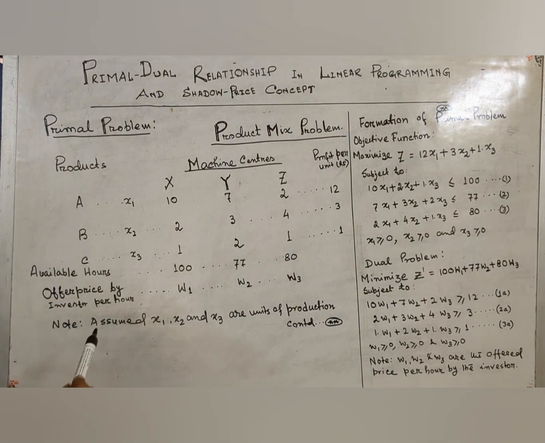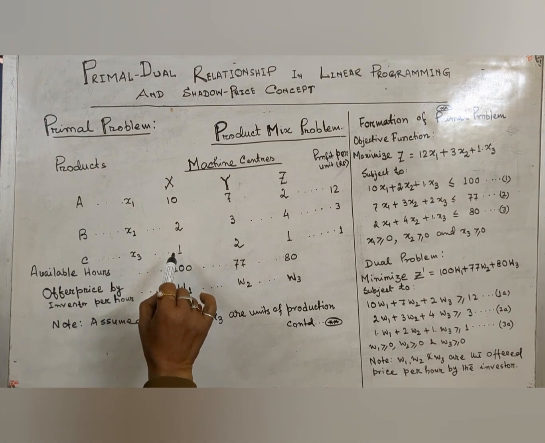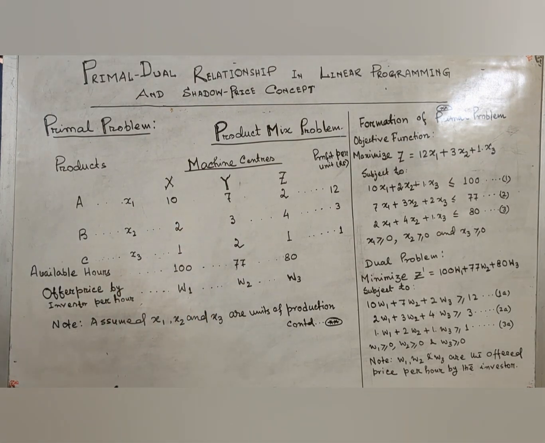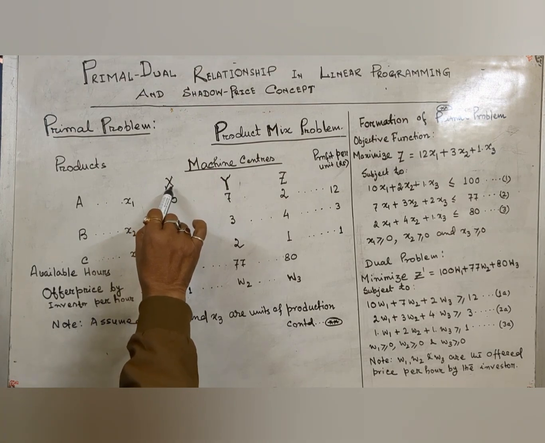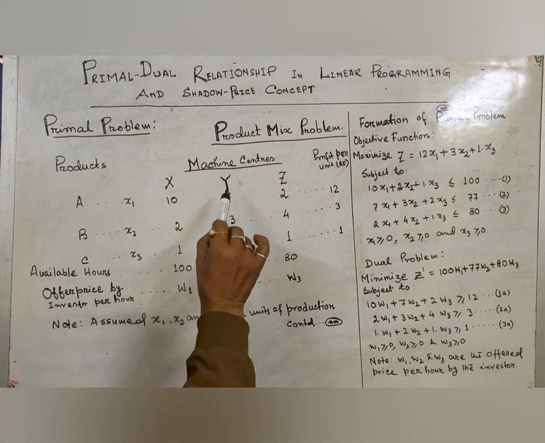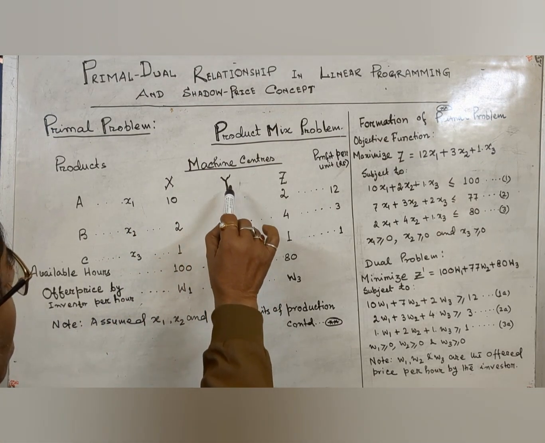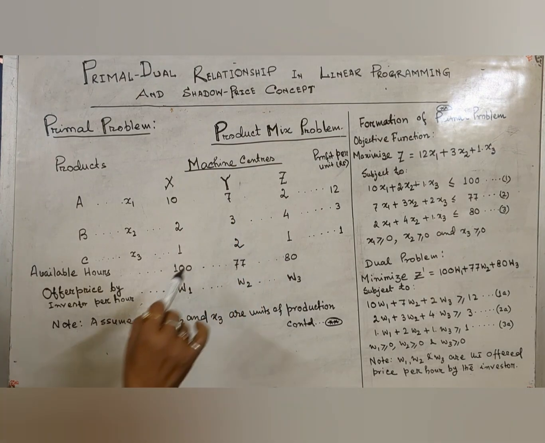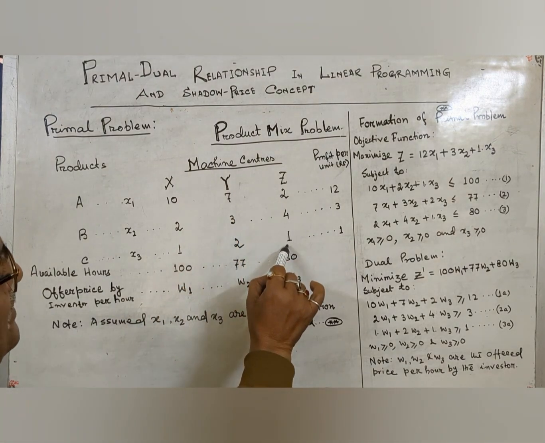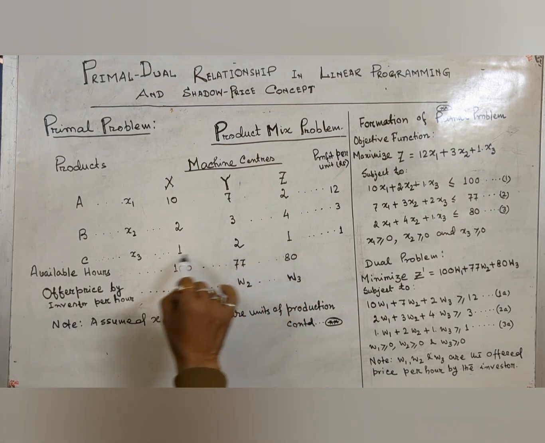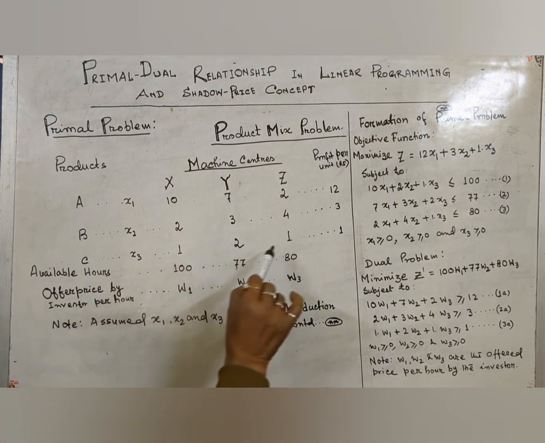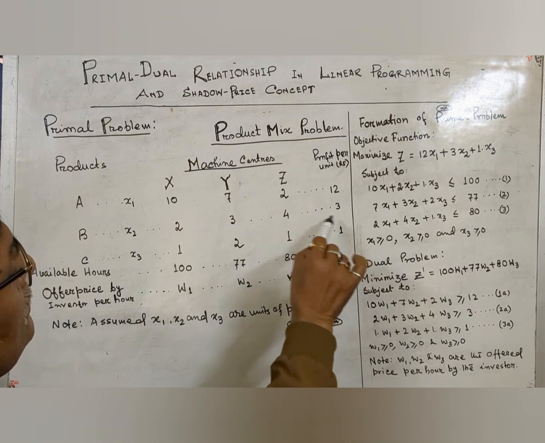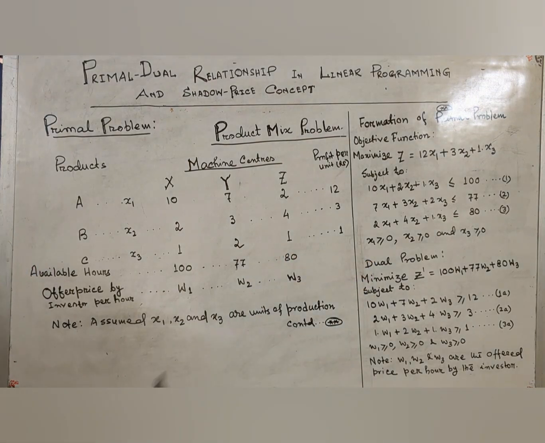For C, the product passes through the grinding section X for 1 hour, the machine center Y, that is the polishing center, for 2 hours, and the finishing center for 1 hour, and finally product C will be produced. If it is sold in the market, the profit will be rupees 1 per unit.